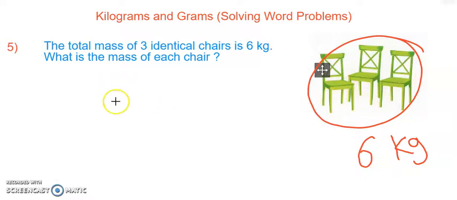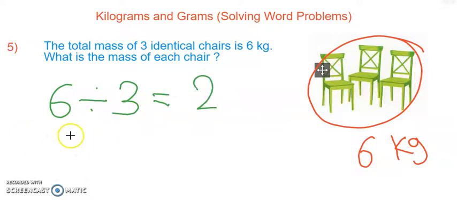How to do this? As you remember, in this case we need to use division, right? We need to use division. We write 6 because 6 kilograms for all the chairs divided by how many chairs do we have? 3, right? So 6 divided by 3 is 2. Why did we do division?